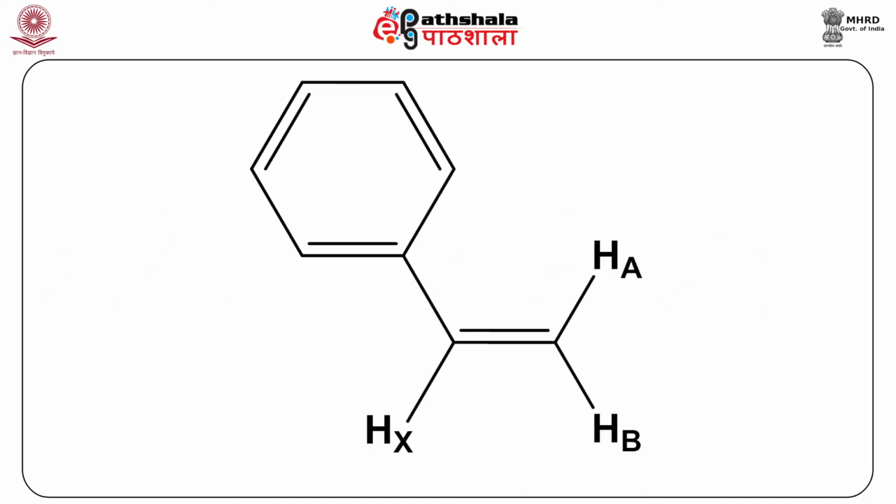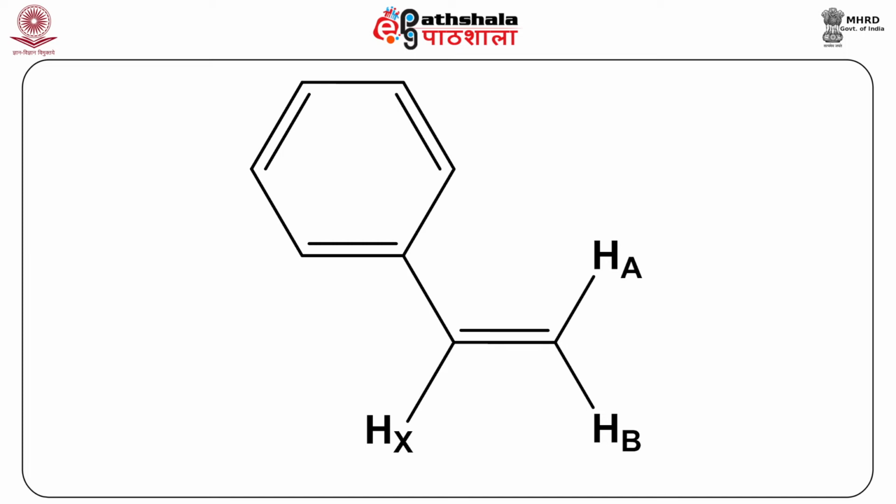Now, examples are parachlorostyrene and styrene. Let us consider styrene as shown in the figure. In styrene, all the 3 vinylic protons are non-equivalent and hence have different chemical shifts, giving rise to 3 separate signals.